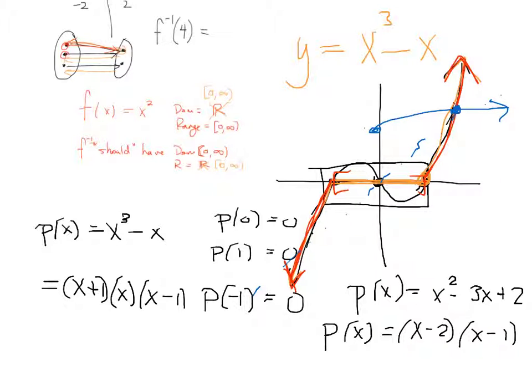The thing to take away is that when I'm reflecting across y equals x, I am not doing artwork. I am saying, okay, this point, when reflected across y equals x, becomes this point. This point is on y equals x. And then I say, okay, connect the dots. Otherwise, you'll give yourself a headache.